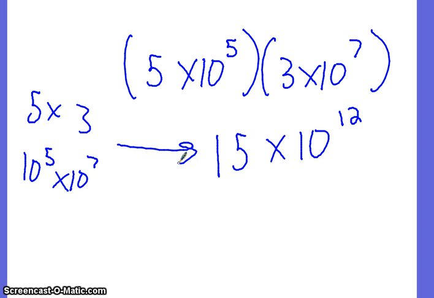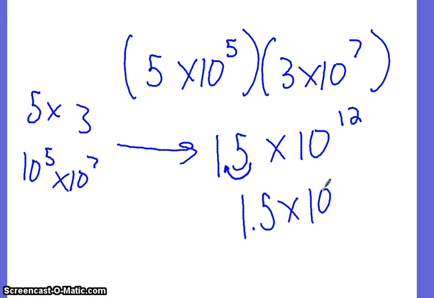This is not in correct form. For scientific notation, for correct form, we need to have our decimal behind the first number that's not 0. So what's the first number that's not 0? 1. Where's our decimal right now? It's behind the 5. So to move, I have to go one place right here, correct? So now that's 1.5 times 10.